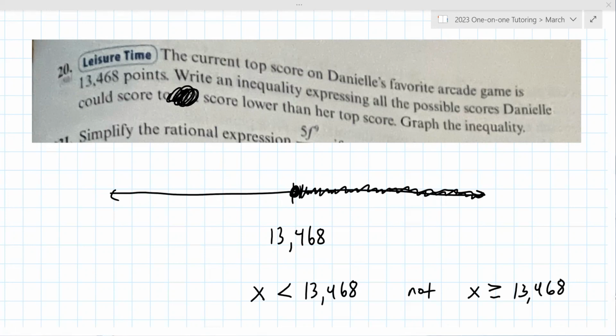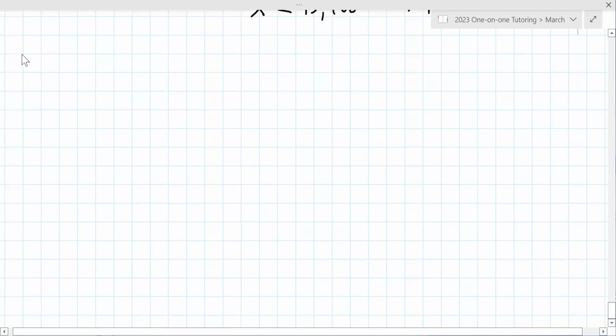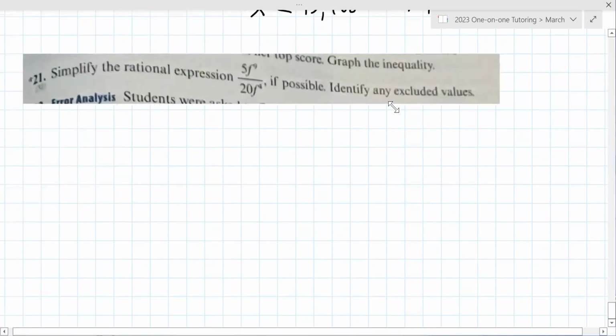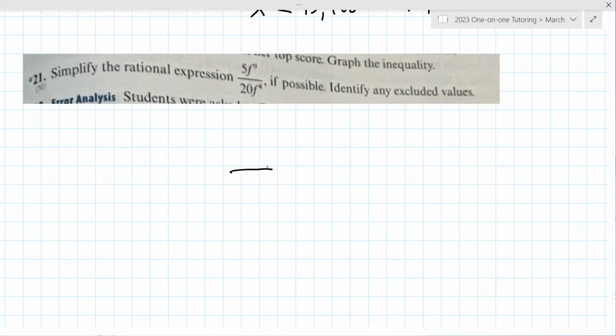So we've kind of already done a bunch of problems like 21. It says simplify the rational expression 5f to the 9th over 20f to the 4th, if possible. Identify any excluded values. So could you try reducing this for us, since we've done a couple like that already? Yeah, just give me a sec. Okay.